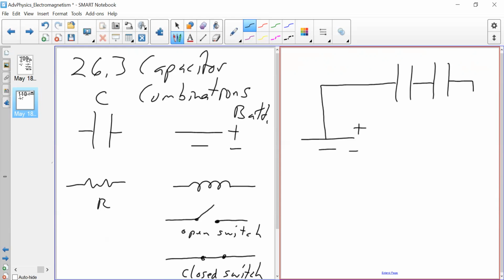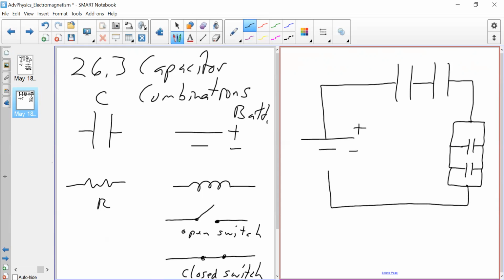And then I'm going to come down to this parallel set of capacitors. And then for the sake of simplicity, let's come all the way back to my battery. So this is a closed circuit.